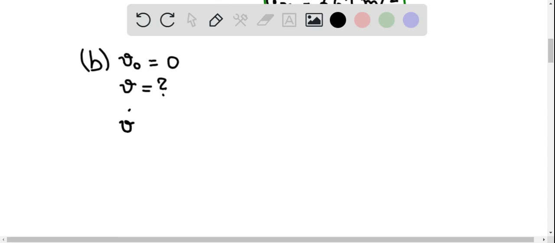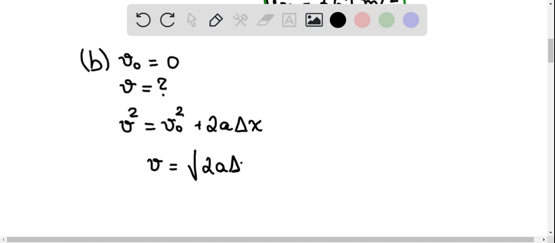Remember that Torricelli's formula tells us that v squared is equal to v0 squared plus 2 times the acceleration times delta x. In our case, v0 is 0, so v is just the square root of 2a delta x.